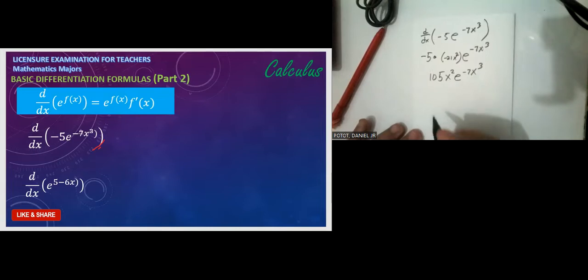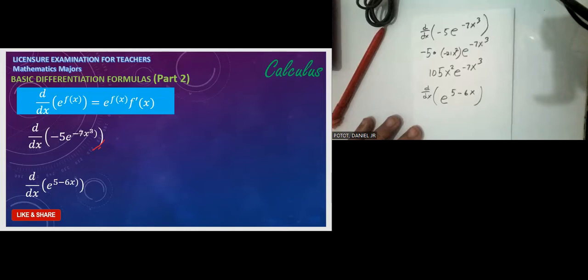Okay, so let's proceed to e to the 5 minus 6x. What I suggest is, after watching this, you can create your own problem and simply apply this formula. But how are you going to check your work? There are a lot of online derivative calculators where you can type the question and the answer will come out, so you can check your answer from that.